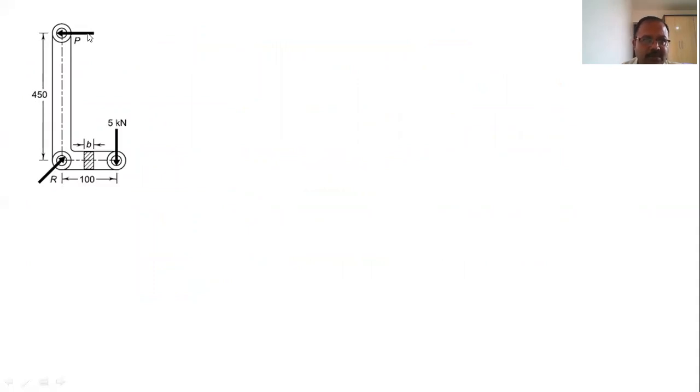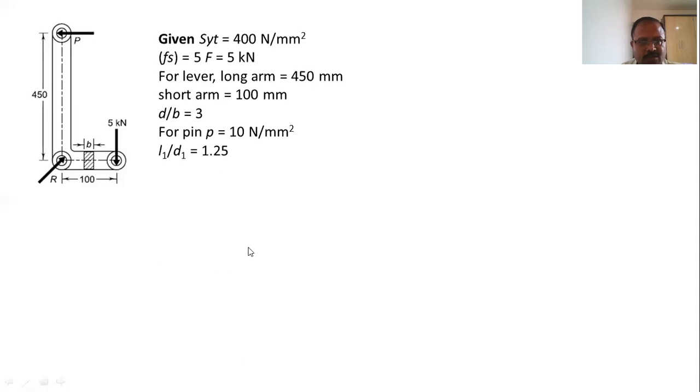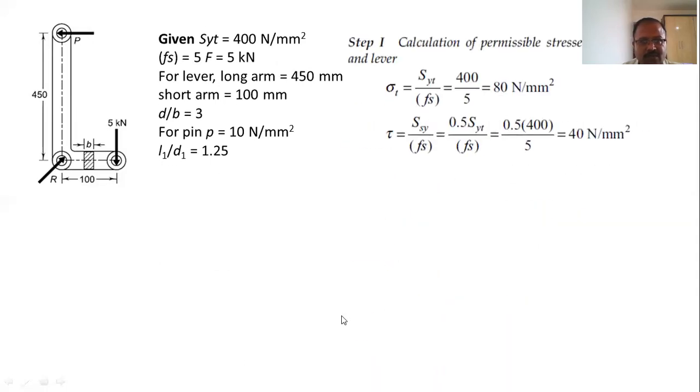At the larger arm, effort is there; at the shorter arm, force is there. The cross section is rectangular. These are the given data. Then first we will calculate the permissible stresses, using the principal stress theory and shear stress theory: 80 Newton per mm square and 40 Newton per mm square.